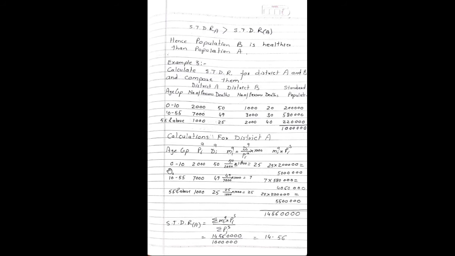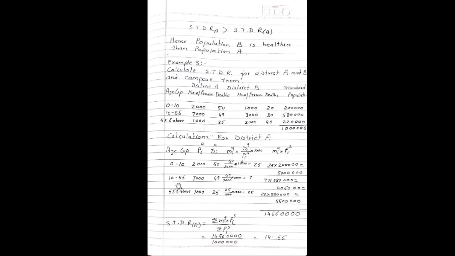So 0 to 10 age group, number of persons are 2000, deaths are 50. So MIA is calculated as 50 upon 2000 into 1000, which is equal to 25. 25 multiplied by 2 lakhs population. So MIA into PIS value becomes 50 lakhs.